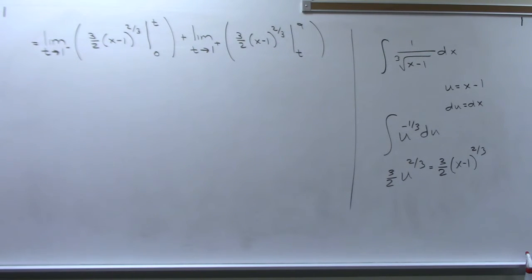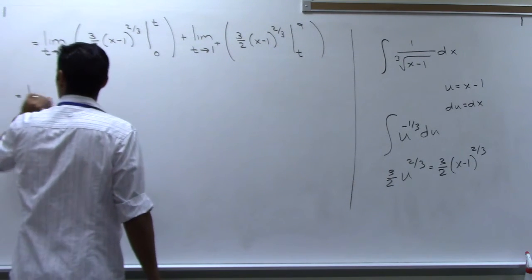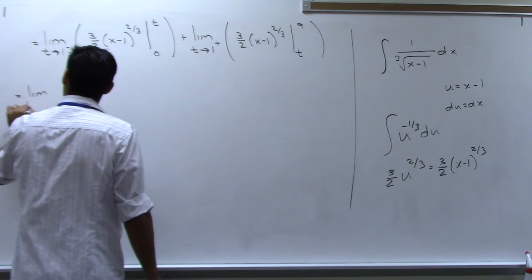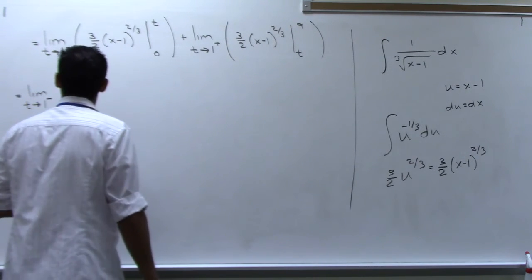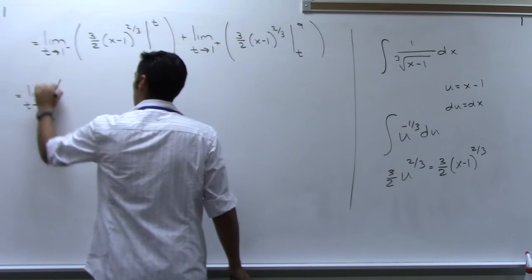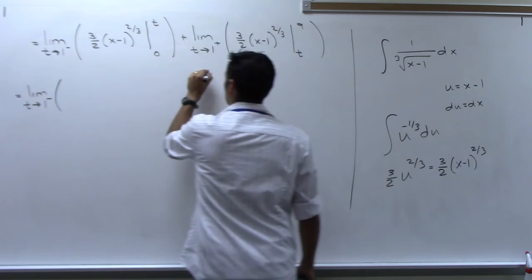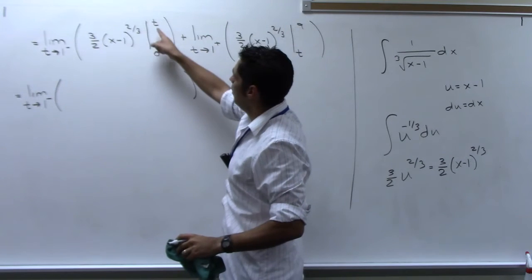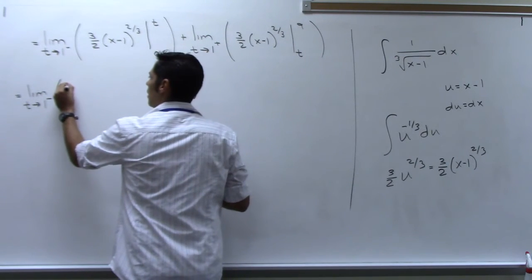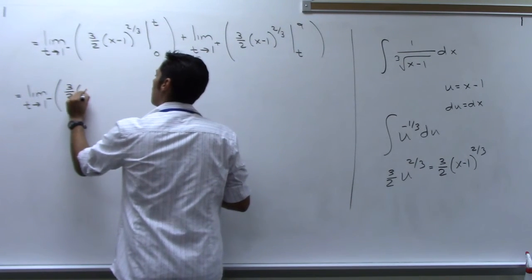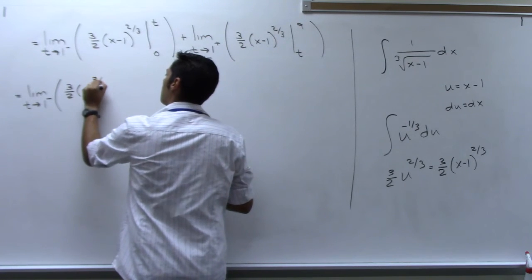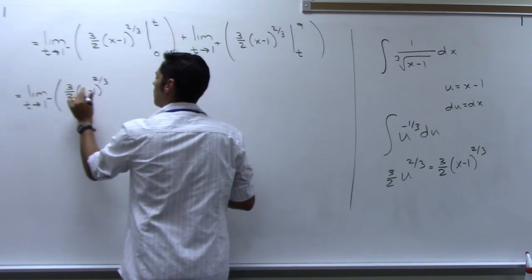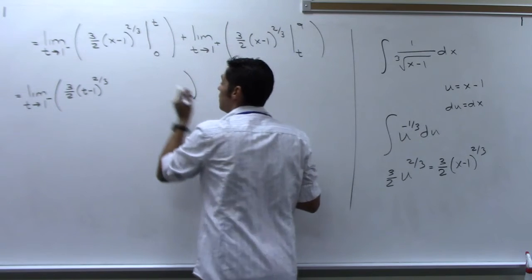All right. This is limit t approaches 1 from the left, I'm sorry, of two things here. I'm going to plug t in first, which doesn't change anything. Then I'm going to plug in 0.